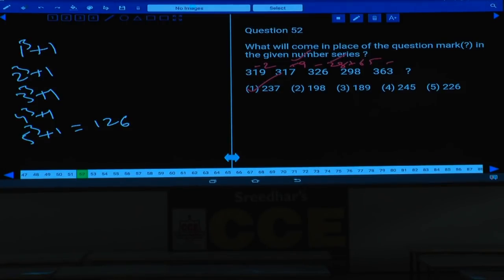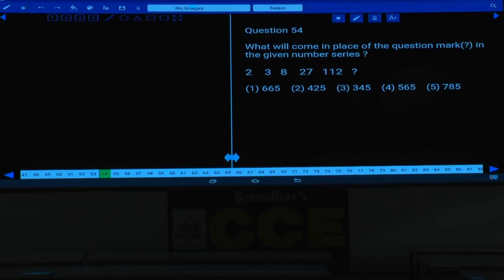Now question number 54. Yes, tell me what is there in this one? 2, 3, 8, 27, 112. Again, if you check out the choices, the choices are in the 600s.